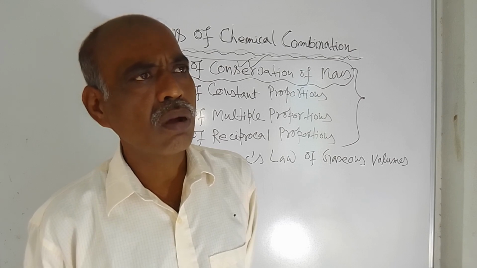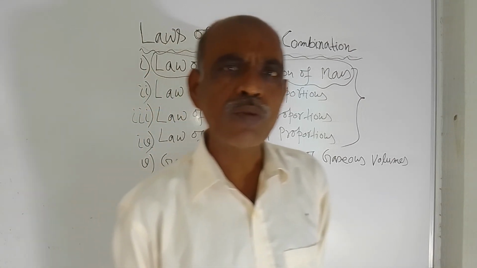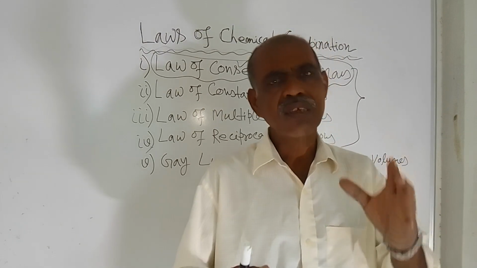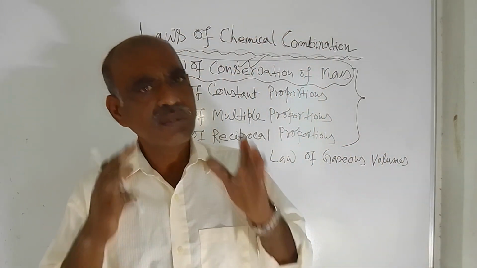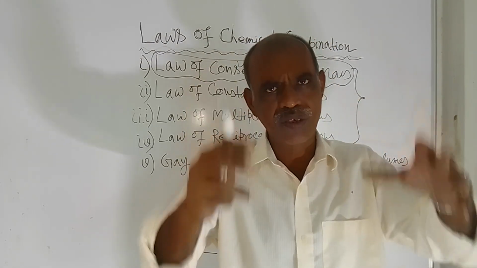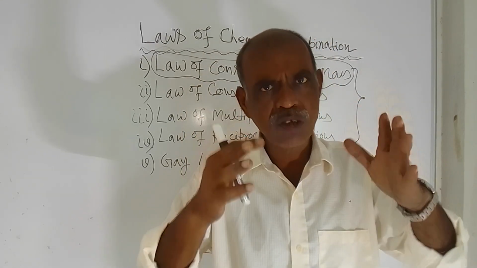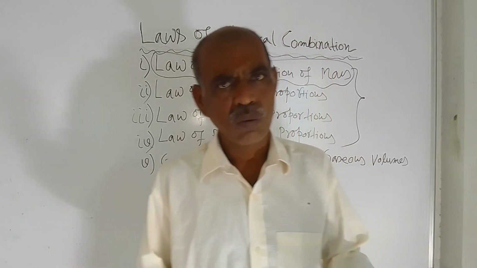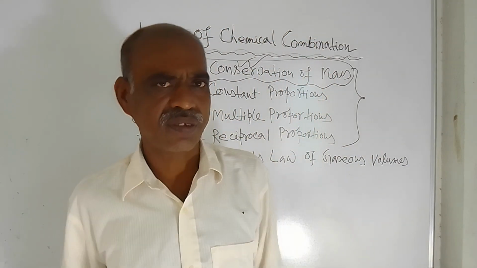So how was the experiment conducted? First, sodium chloride and silver nitrate are both taken in conical flasks and weighed together with the flasks.